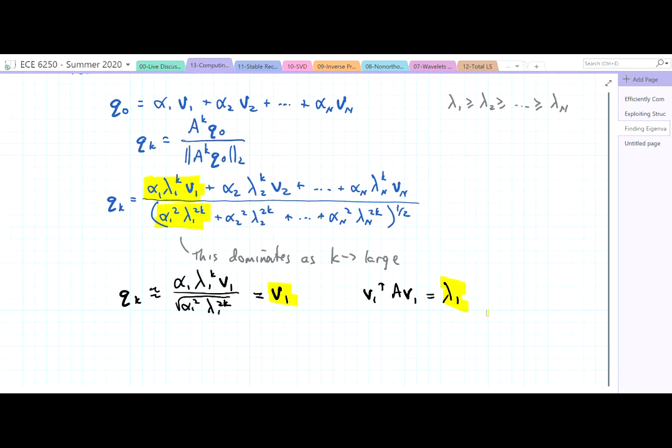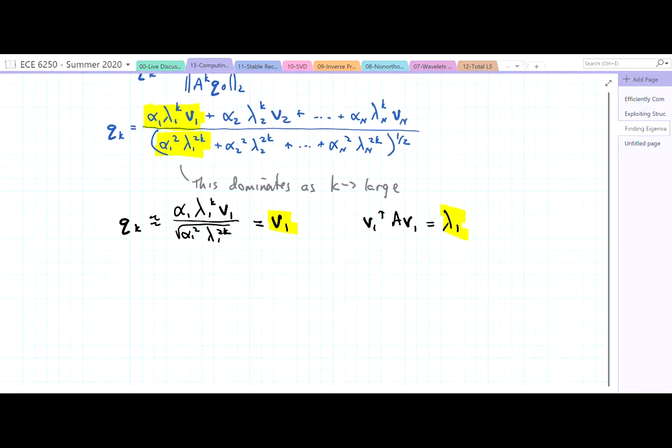We can continue this to find the next. How would we find the next one? Well, to find the next eigenvalue, lambda 2, we have to choose a new initial vector, a new Q naught.